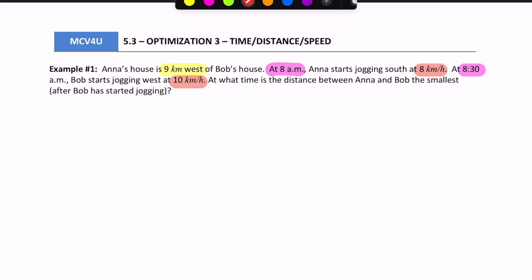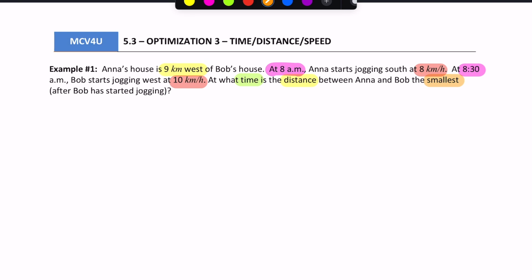At what time is the distance between Anna and Bob the smallest, after Bob has started jogging?